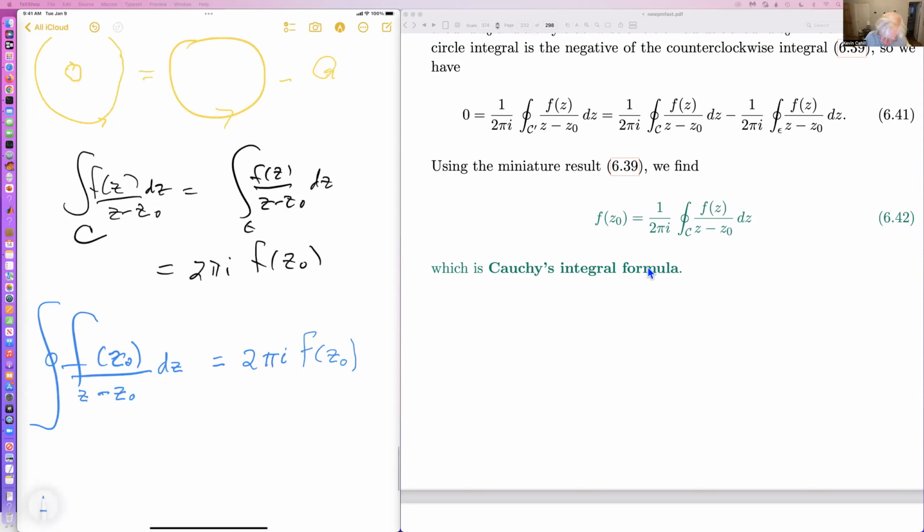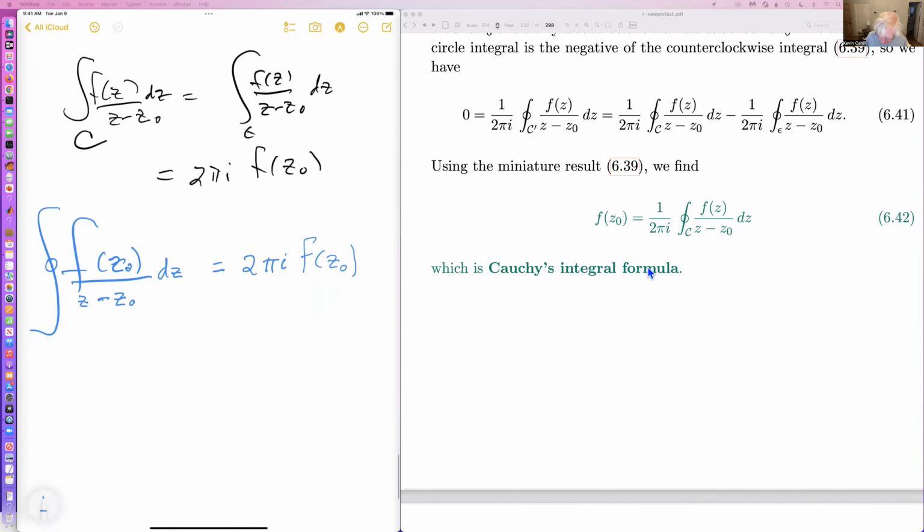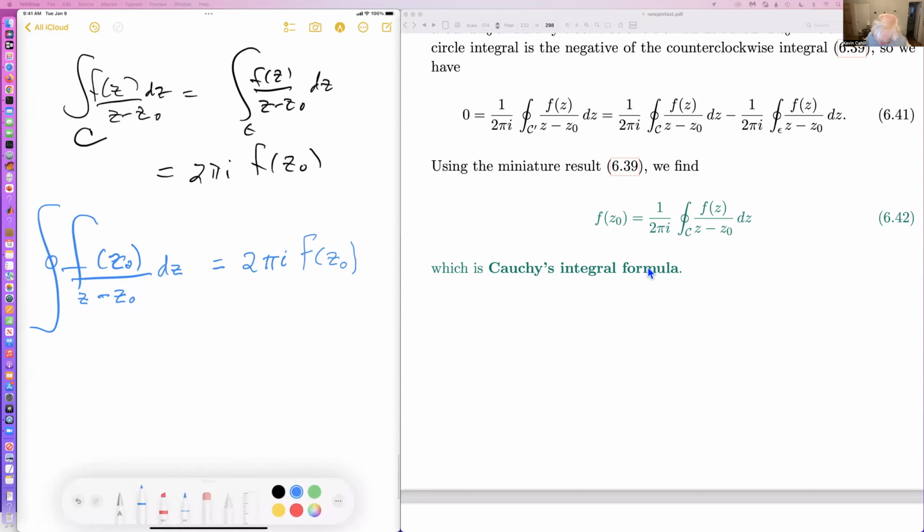The two workhorses of complex variable theory are this equation, Cauchy's integral formula, and Cauchy's integral theorem, which is that this is just equal to 0.